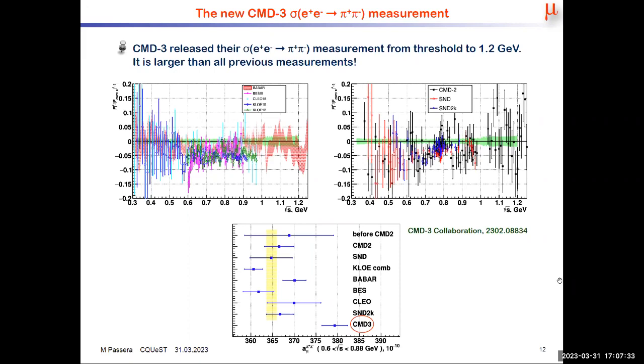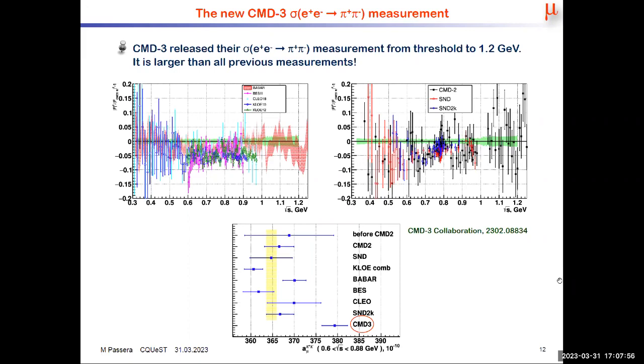So you see, the green band that you see here is the CMD3 fit, and this is a comparison with the initial state radiation method, so the experiments like KLOE, BaBar, BES, and Belle. And as you see here, the green band is clearly higher.